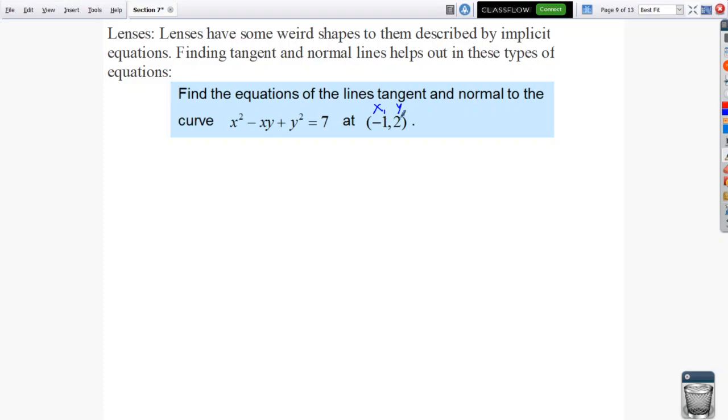The only thing that I have to do, and it's a big ask, is to find what the slope is. And our slope is going to be dy dx evaluated at this point right here, -1, 2. All right, so it's going to be kind of difficult to get that, but once we get that, we're good.